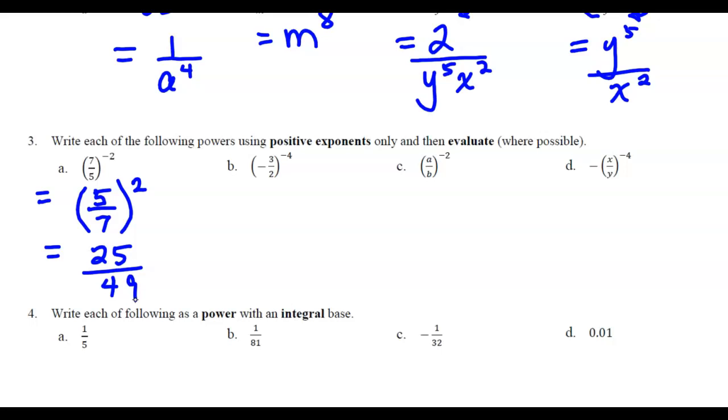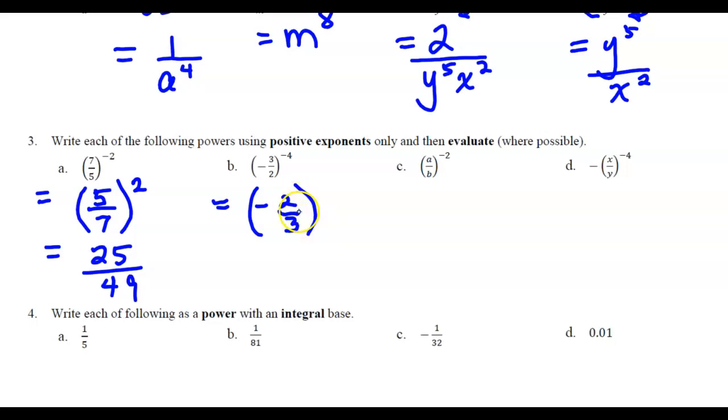So keep it in brackets. When you flip it, change the sign of the exponent and then evaluate. Brackets. Now we're going to flip 3 over 2. So that's 2 over 3. It's negative, so we just leave that one negative sign out front.